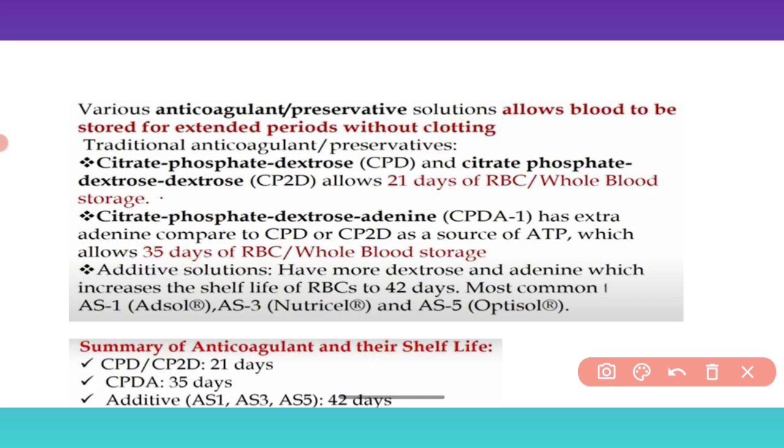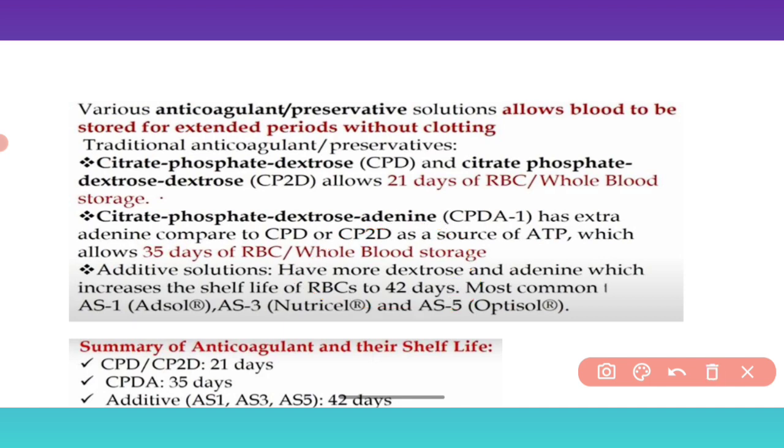Okay, and the last one is additive solutions. What is that? Here dextrose and adenine, this combination is called additive solutions. It comes in the form of AS1, AS3, AS5. If you add these additive solutions, it prevents the clotting for how many days? 42 days.